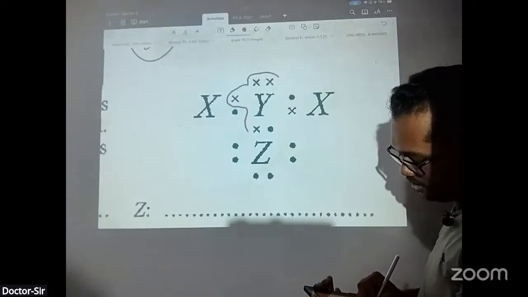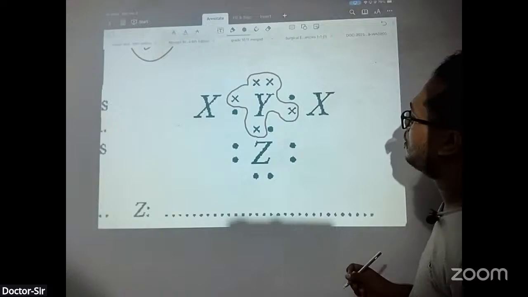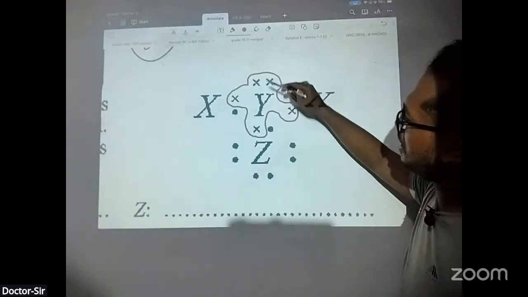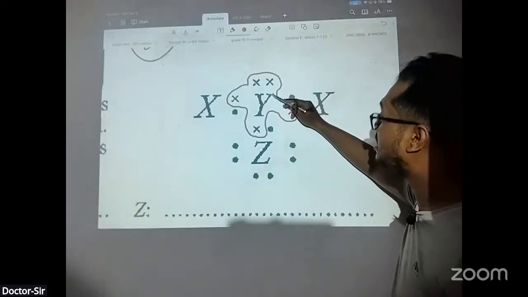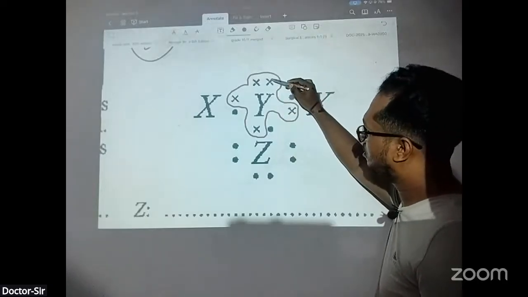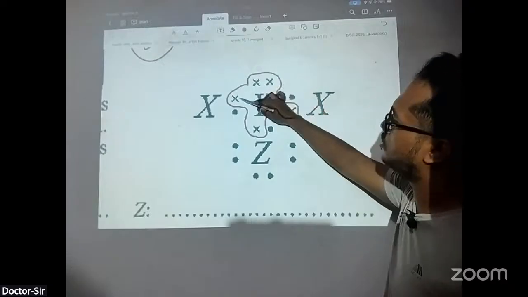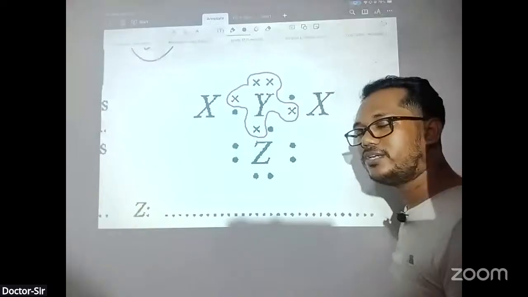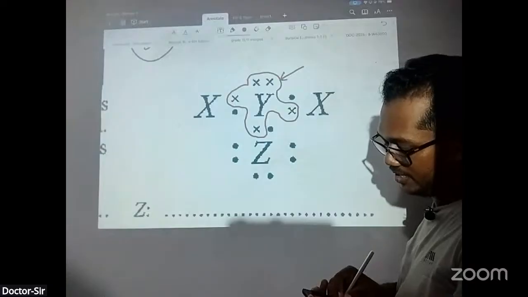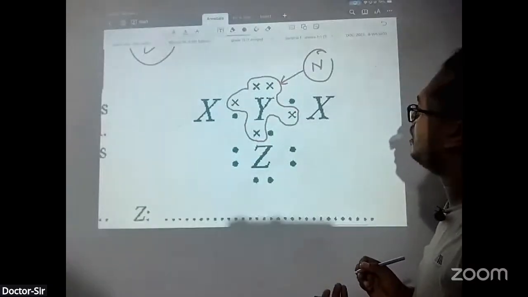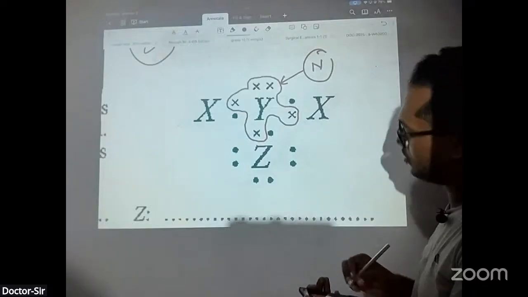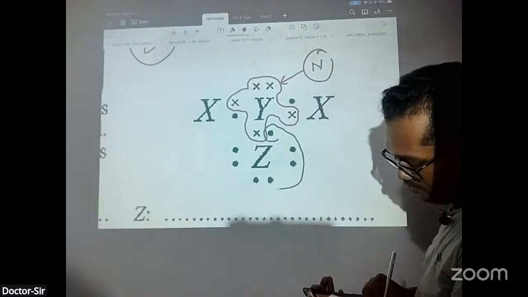How many crosses are here? 1, 2, 3, 4, 5. So the electrons that belong only to Y are shown by crosses. How many Y electrons are there? 1, 2, 3, 4, 5. So it has 5 electrons, so it is a fifth group element. If it is a fifth group element, Y should definitely be nitrogen. Okay, right. Then think about this other one. It has its own electrons, represented with dots.